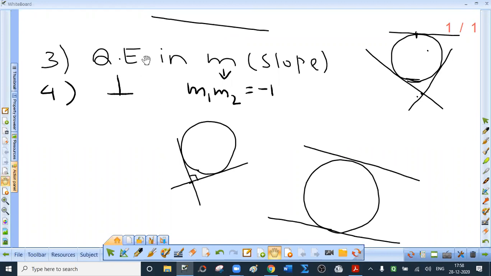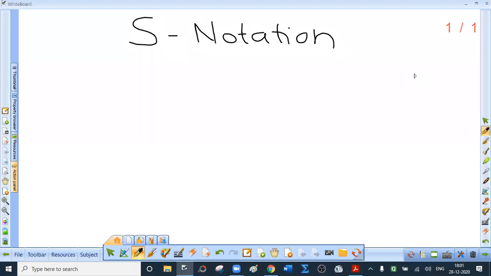Before we discuss these 4 parts for the circle, because the topic which we are discussing is circle, let me tell you an interesting notation. It is called the S notation, capital S. Let me explain that. Now we write the equation of any curve with right hand side equal to 0. For example, consider one particular curve, say a circle.